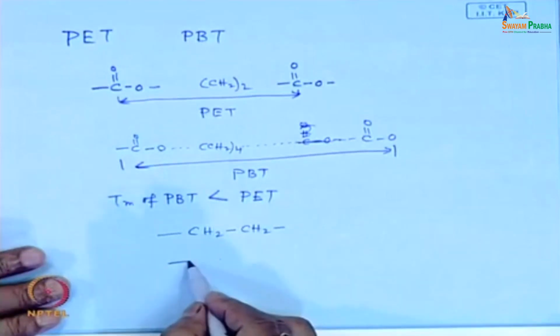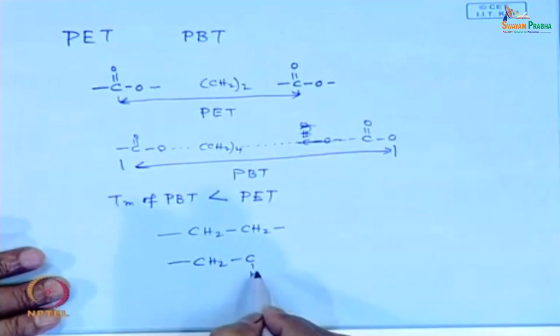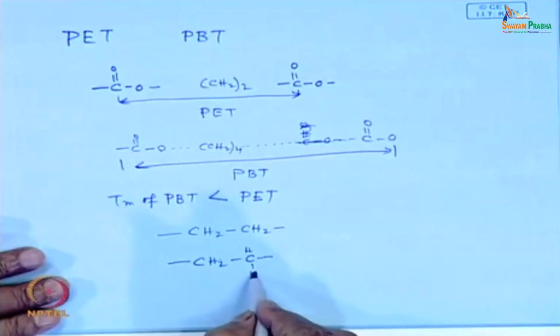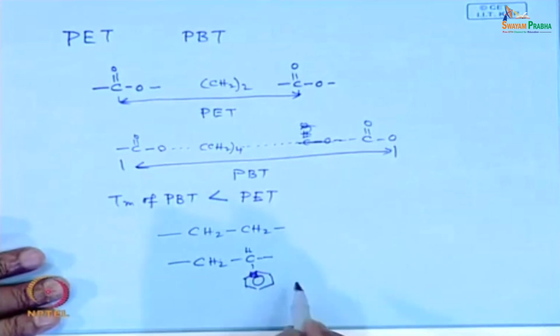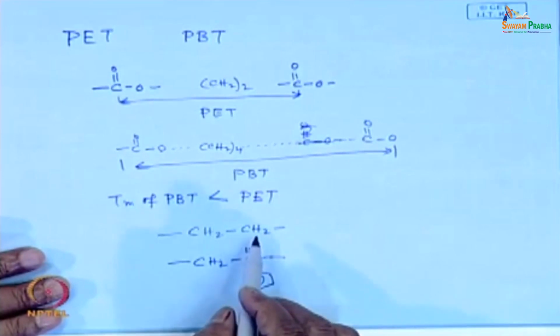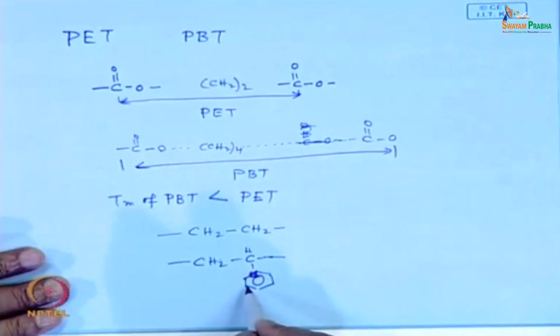Now, you think of a polymer where one of the hydrogens in the ethylene unit is replaced by, say, a phenyl ring. It becomes polystyrene, and flexibility is lost. So, replacing one hydrogen in ethylene by one phenyl ring, its flexibility is lost.